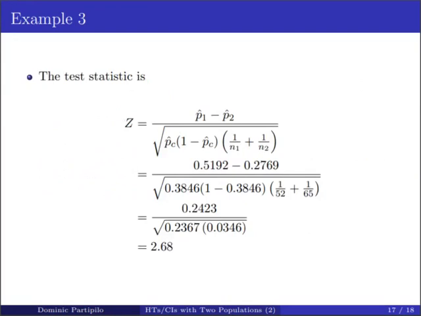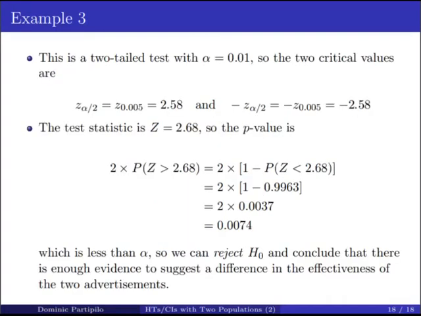So now we can take this p hat C and plug it into our formula. We're going to put our p hat C here and here. And when we plug all of our other information into this formula, we're going to get a test statistic of Z equal to 2.68. Remember, this is a two-tailed test, and since we have a two-tailed test, we're going to have two critical values here.